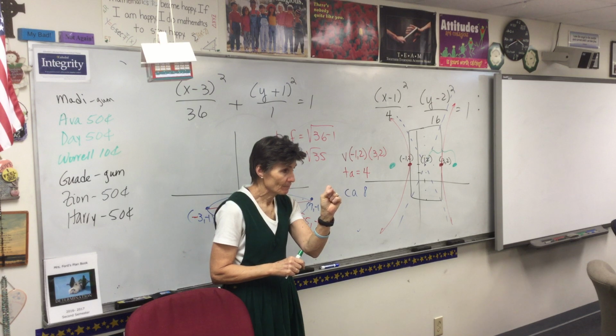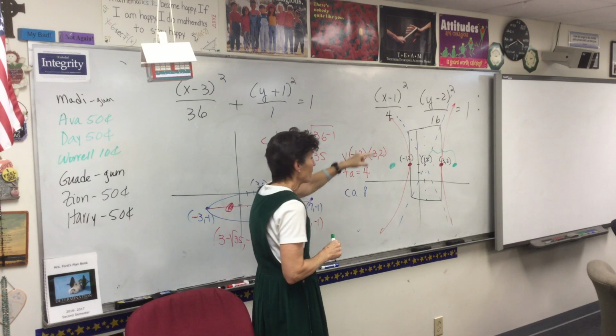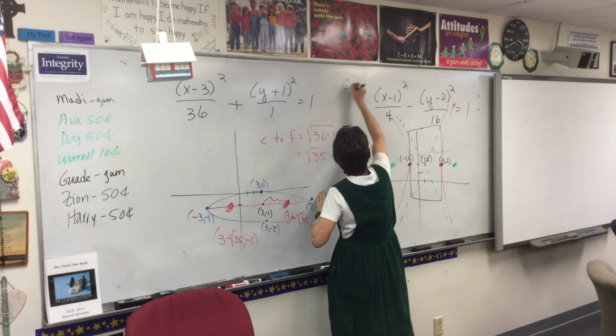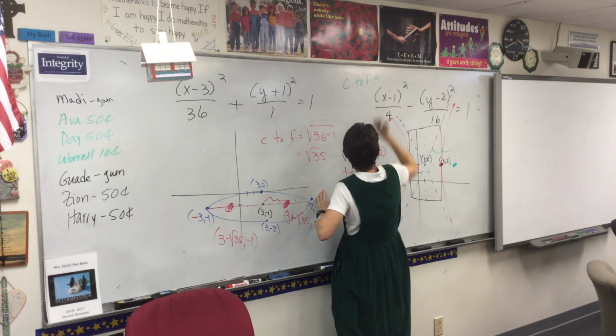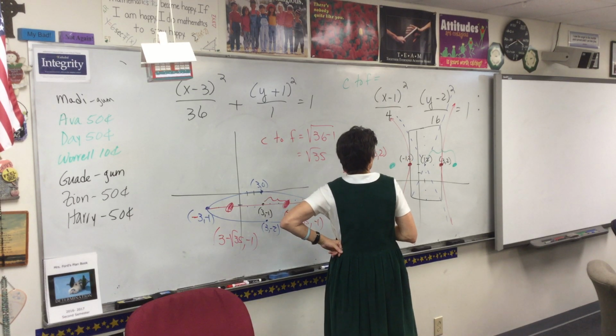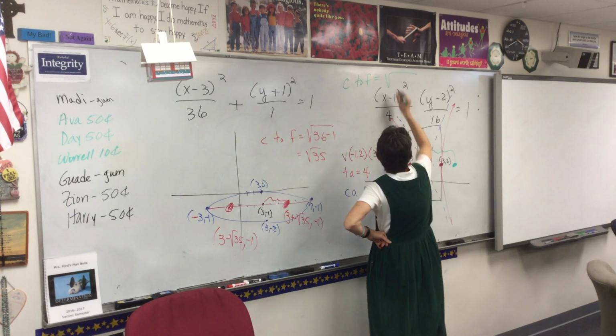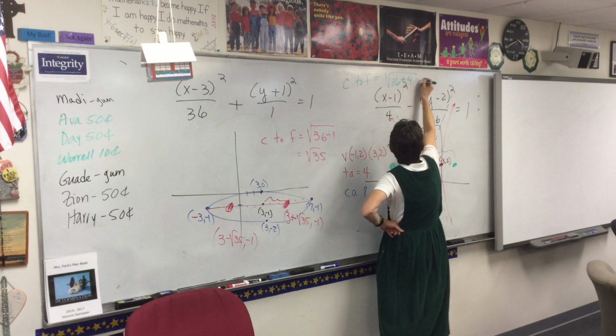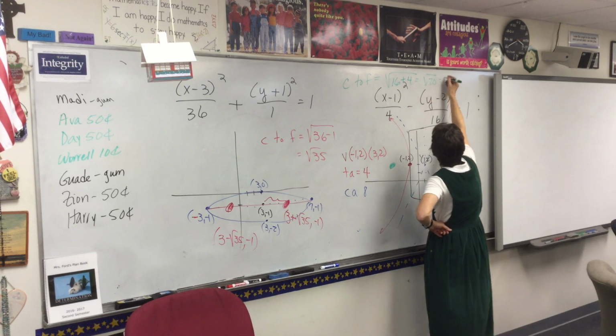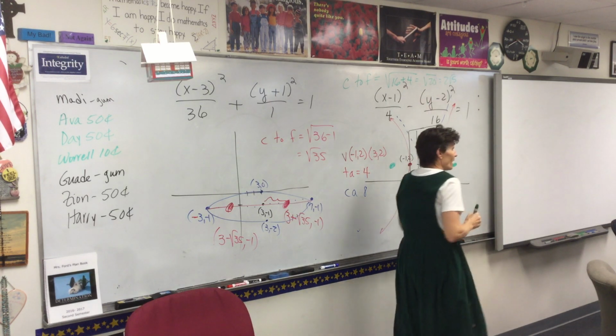Start at the center. So let's count. How far are we going to count from the center to the focus? Square root of 16 plus 4, which is root 20 or 2 root 5.